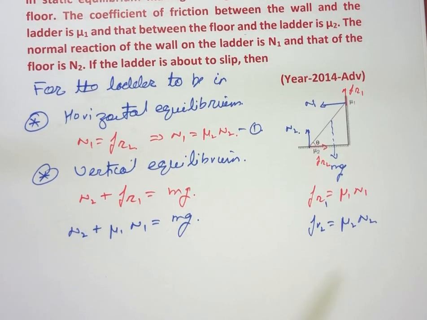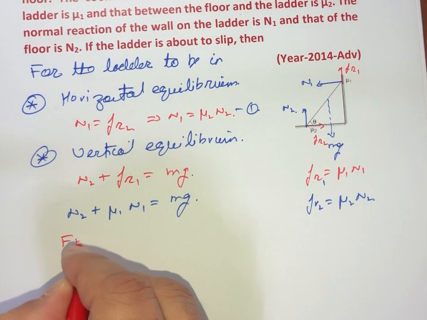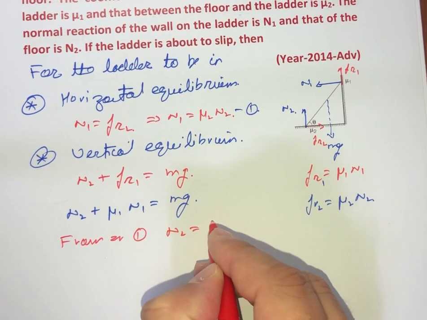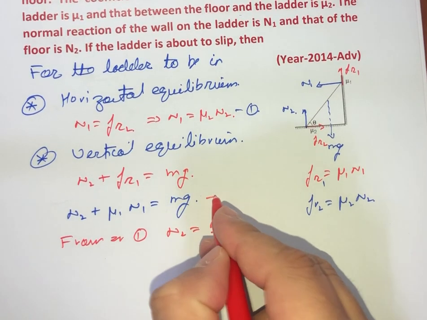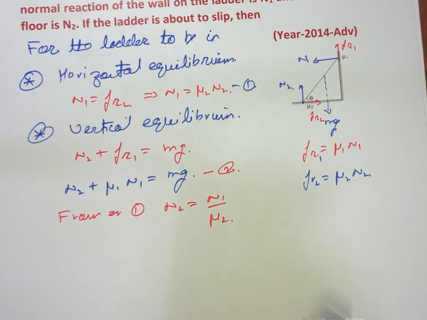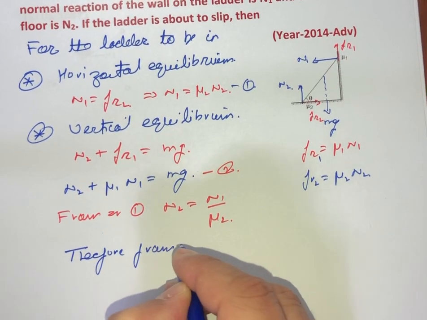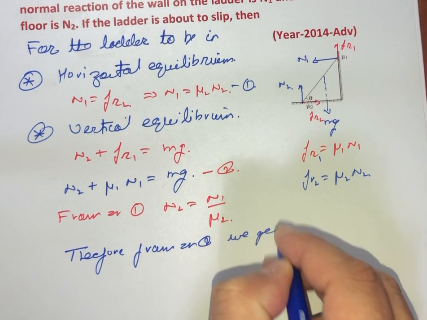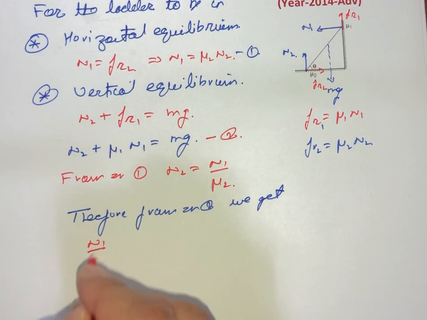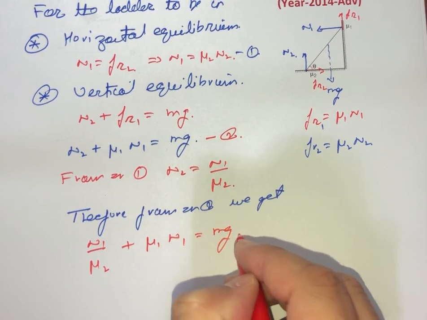From the horizontal equilibrium we can say that n2 is equal to n1 divided by mu2. Let us call this equation 2. Therefore from equation 2 we get n1 upon mu2 plus mu1 n1 is equal to mg.